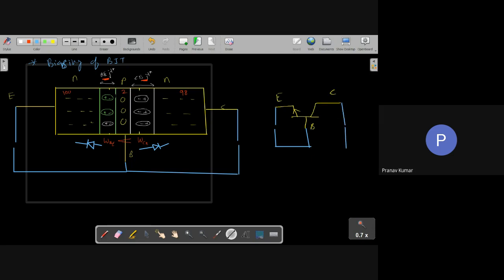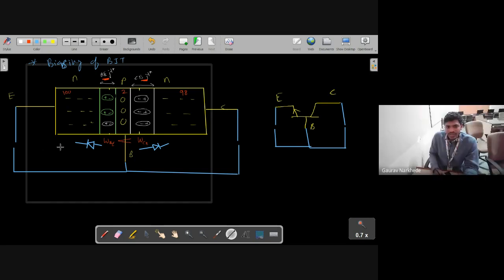Let us see how we can apply the power supply.